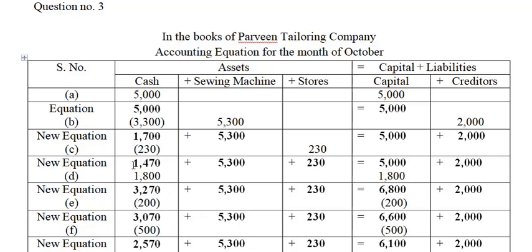If you add 1,470 plus 1,800, it will be 3,270. So 3,270 in the new equation, plus 5,300 as it is, 230 for stores, and for capital it will now be 6,800, and for creditors it will be 2,000.